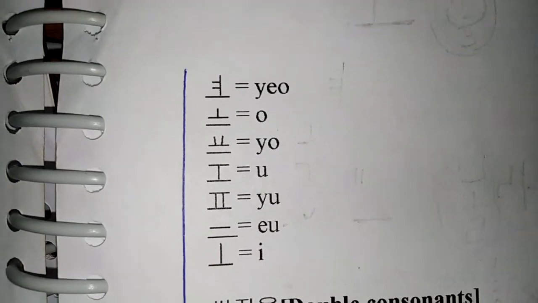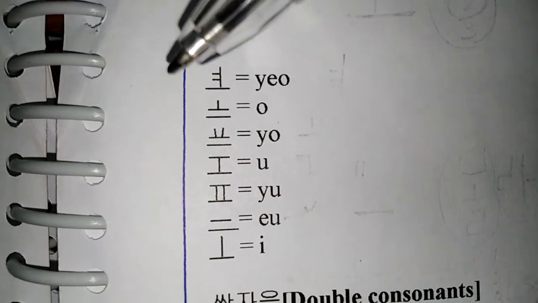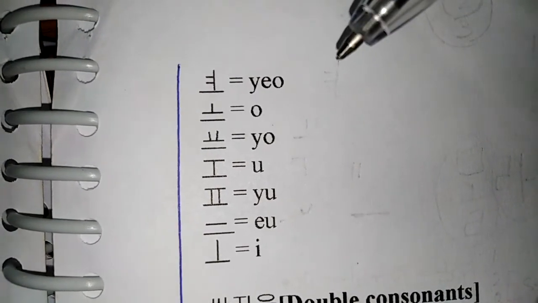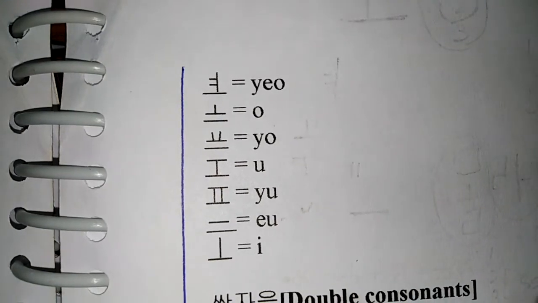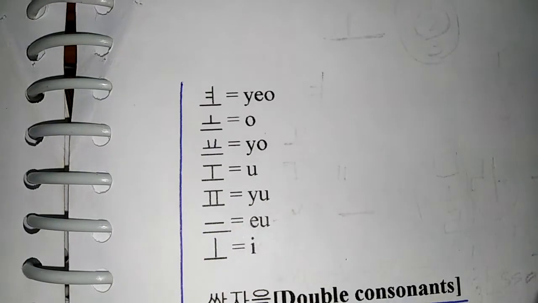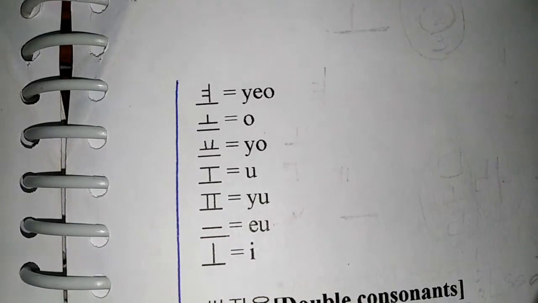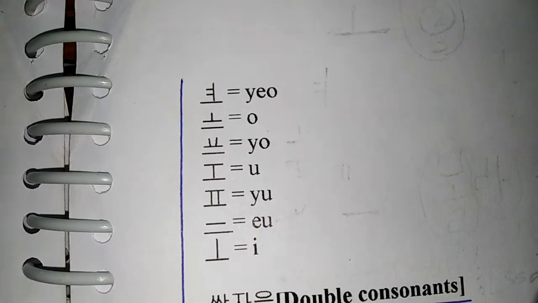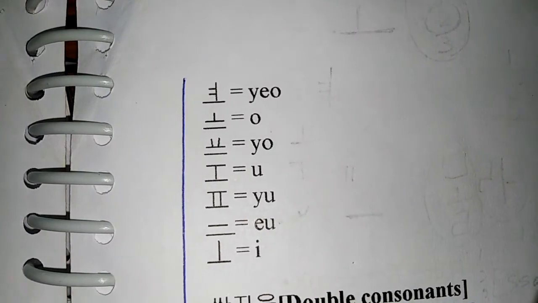So as we saw O in the last page, when you draw one more line, it becomes Yo. So you can see a pattern here. You have A first, and then you draw one more line, it becomes Ya. Then you have O first, you draw one more line, it becomes Yo.